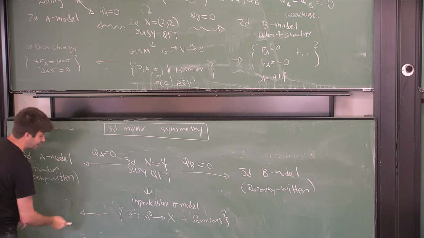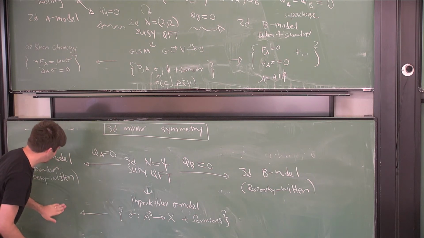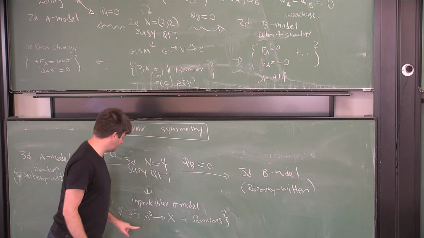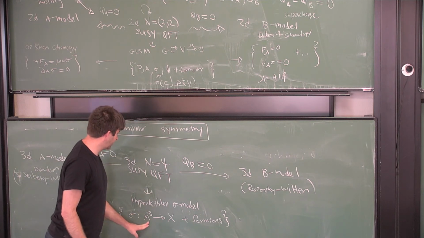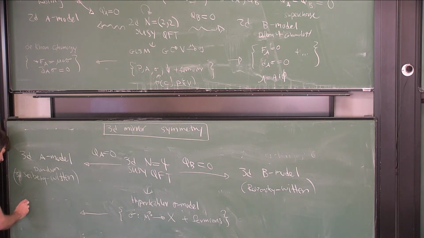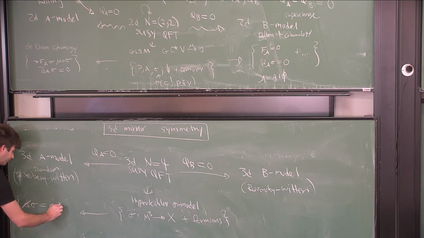And when you deform this thing to the 3D A model, I'll explain this in a lot of detail in a second, but this map becomes a spinor, and then your equation is actually that the Dirac operator of your spinor vanishes.